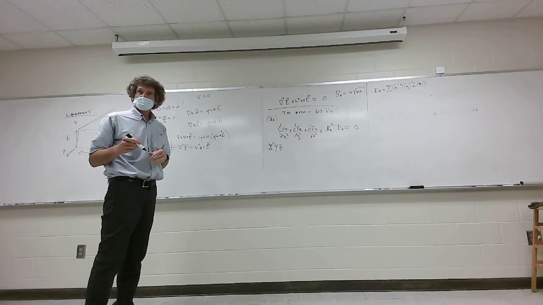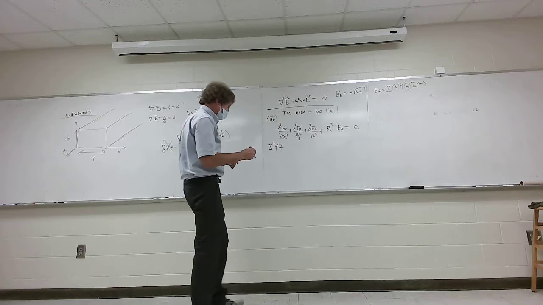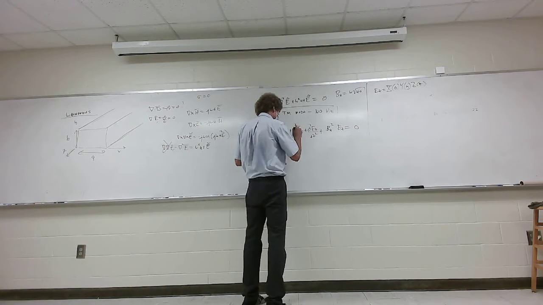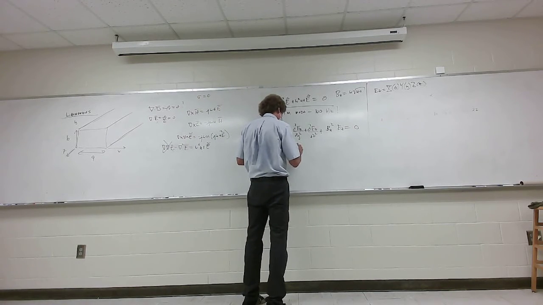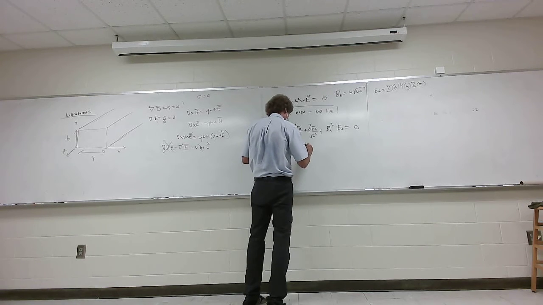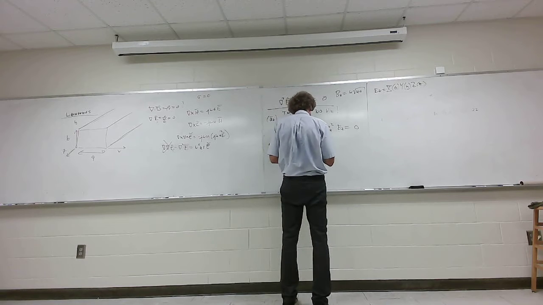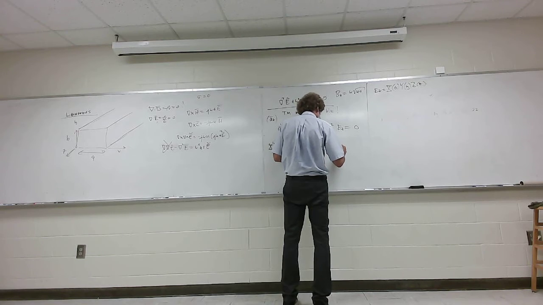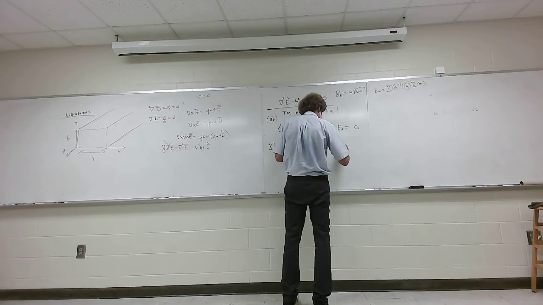Do y'all see this? Plus X Y double prime Z, plus X Y Z double prime, plus beta squared times X Y Z equals 0.